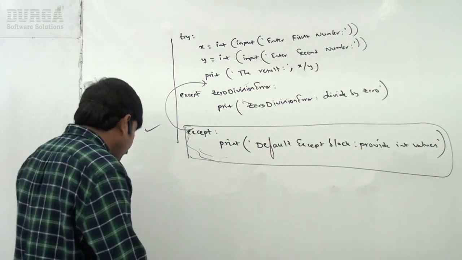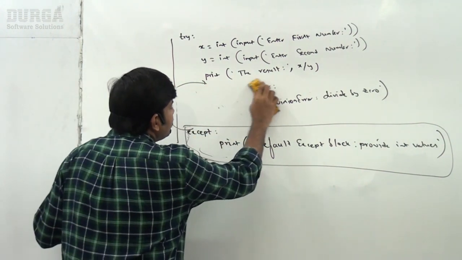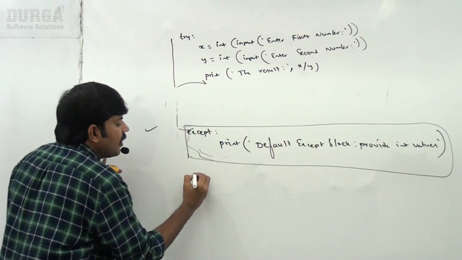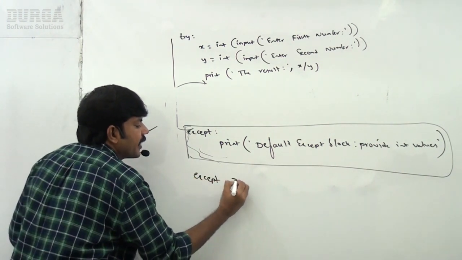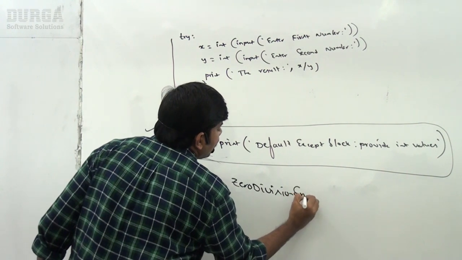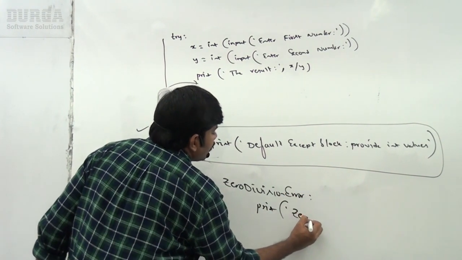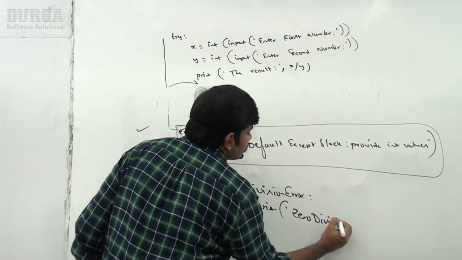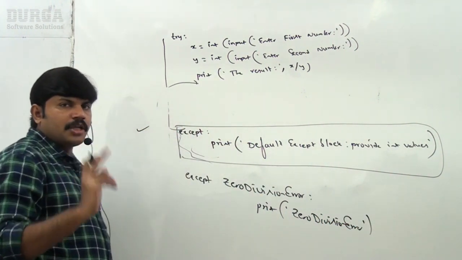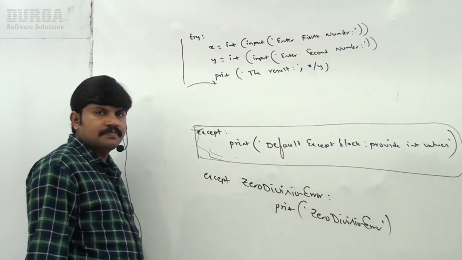Suppose I take the default except block at the beginning, and then I take except ZeroDivisionError, print ZeroDivisionError, second. Can you please confirm, is this valid or not?